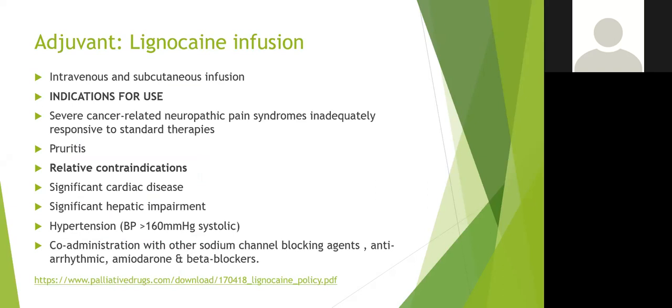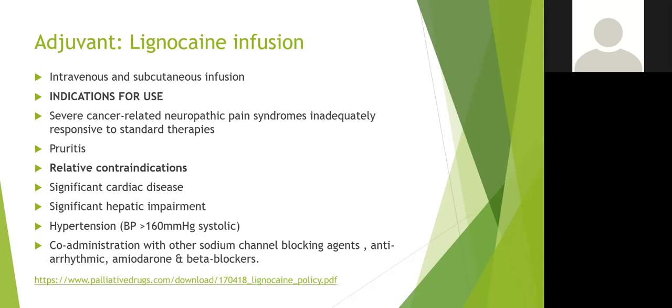The guidelines say that a specific indication for lignocaine infusion is severe cancer-related neuropathic pain syndromes which are inadequately responding to standard therapies. The standard therapies will include the opioids, paracetamol, the neuropathic agents, everything that we normally try for neuropathic pain. We should have tried them all, and the pain is not getting any better, and the patient has got very, very bad intractable pain, then we can use lignocaine infusion.